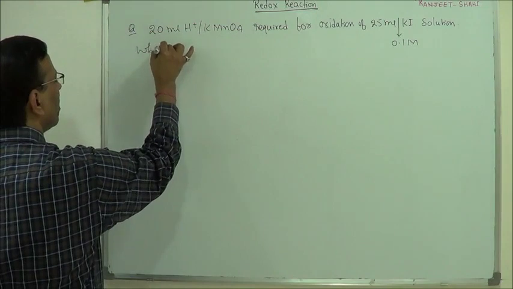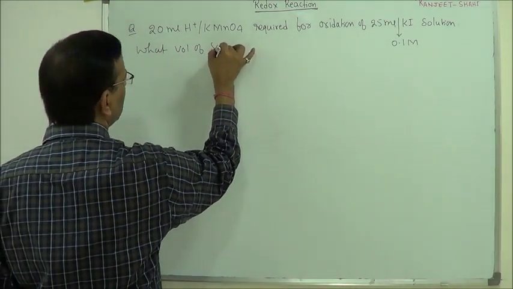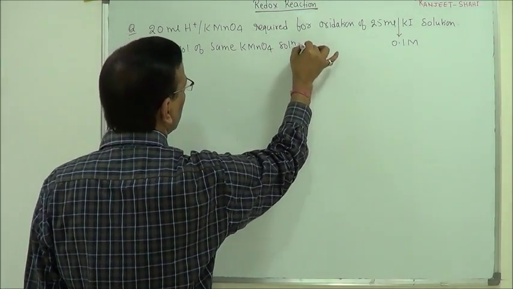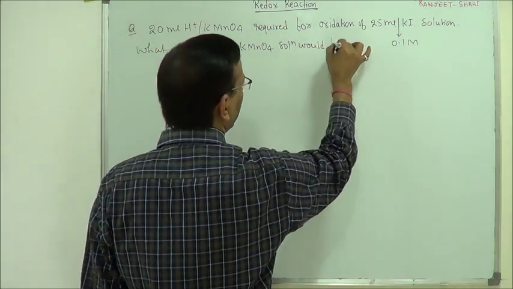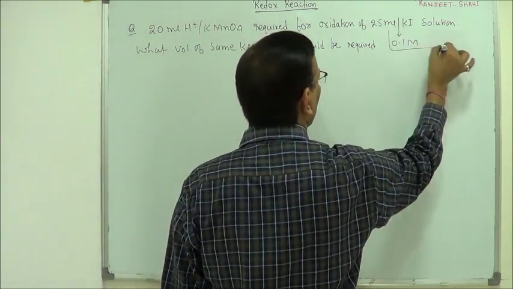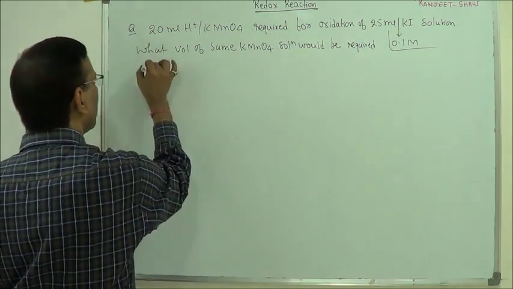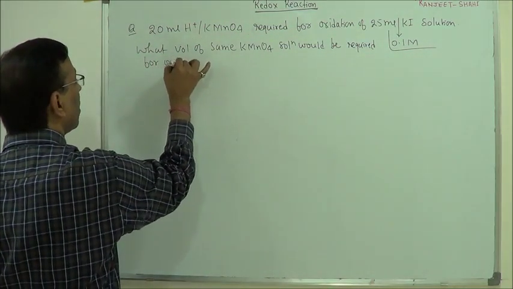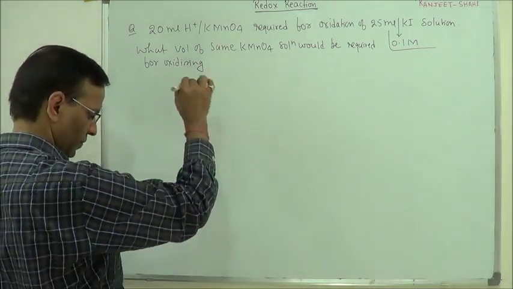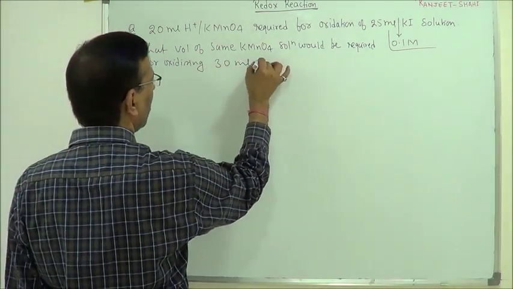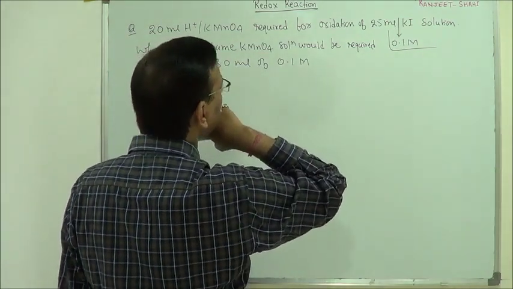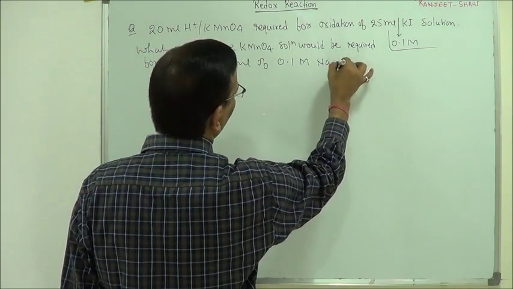What volume of the same KMnO4 solution would be required for oxidizing 30 ml of a 0.1 molar Na2S solution?